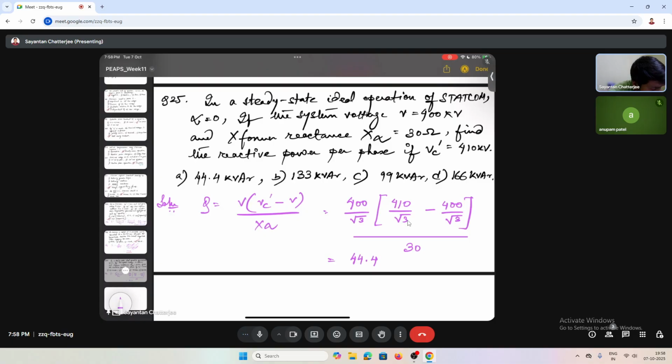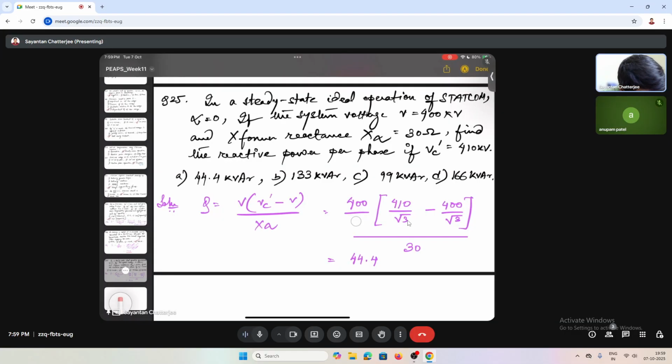No, no, actually what they have given as answer is option B. I am also confused, because if we consider this 400 as the line voltage, then only it will be coming as 133. So I hope they have considered that as a line voltage, and the reactive power per phase, since it is operated in delta only, so voltage can be kept at 400 only.